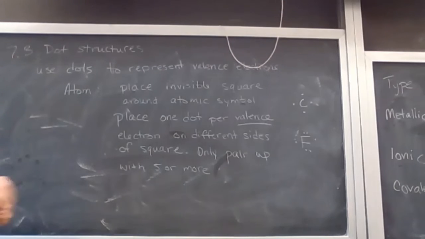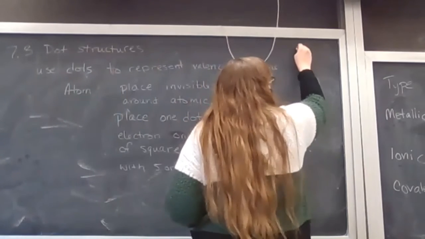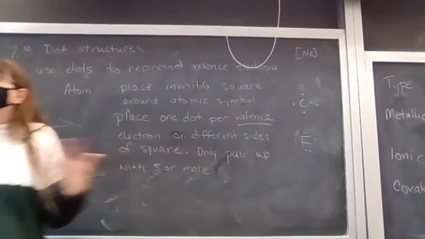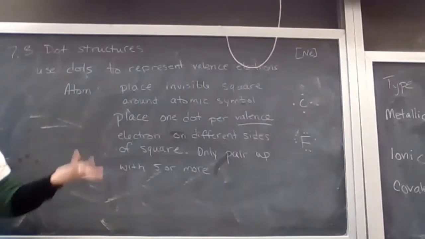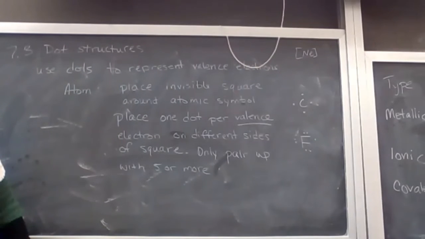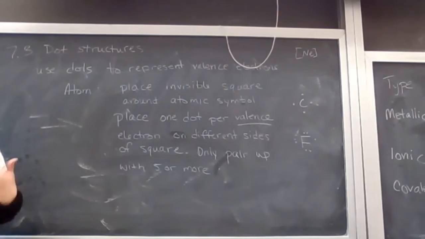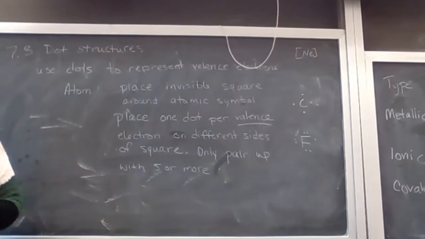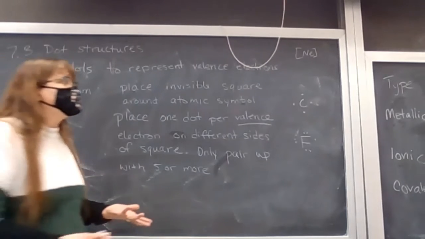For me, it's fine if you were to write neon's structure like this, because it does have the same structure as neon, by definition. But the reason that we separate out the last layer and don't put those inside the brackets is to show us how many valence electrons there are.